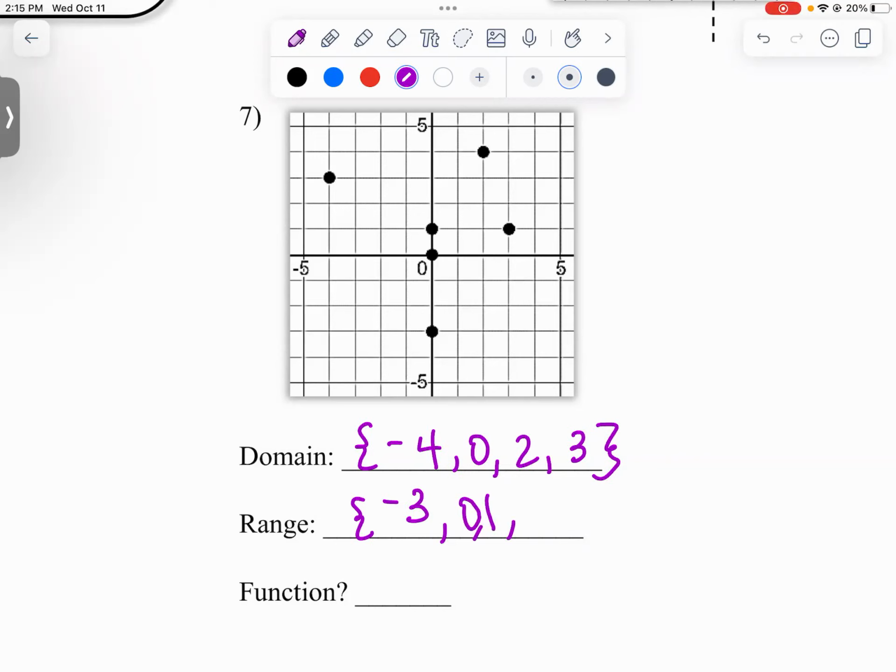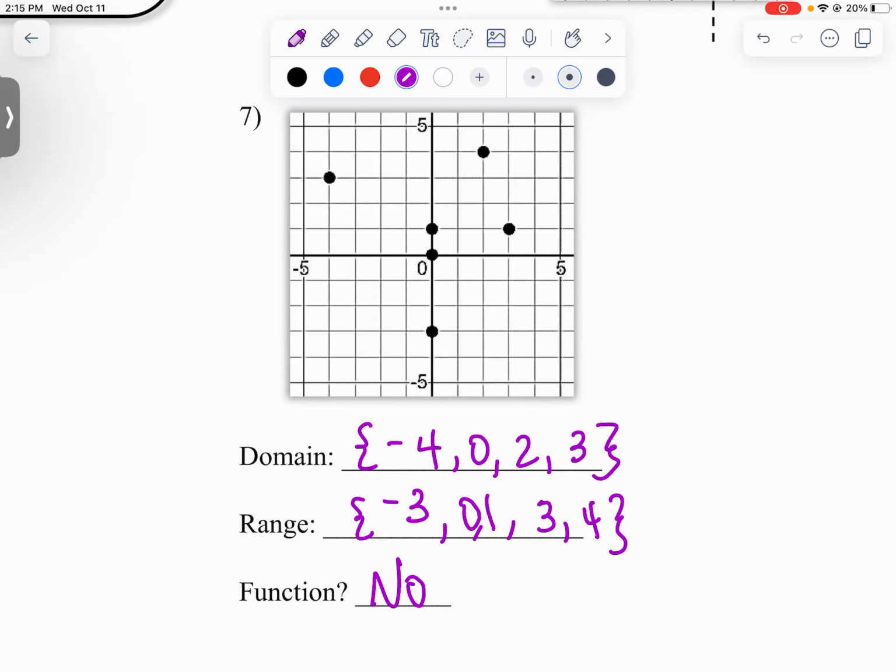Did you say 3 and 4? Okay, sorry. Well, she said 3, but she forgot the negative. I fixed it for her. It's fine. Okay, Ethan, function? No. Eli, why not? It does not pass the vertical line test. Awesome.